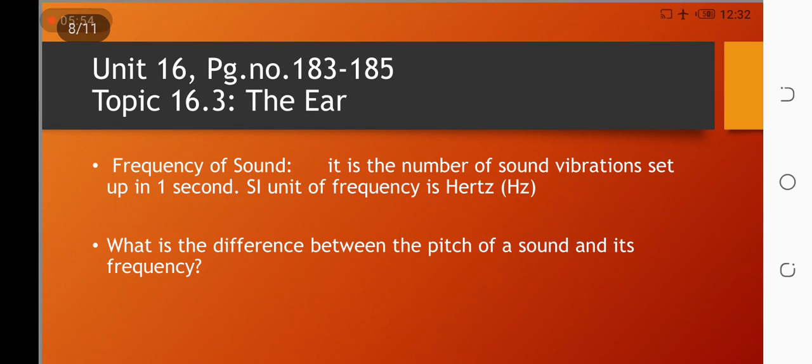We will now discuss what the frequency of sound is. Frequency of a sound can be described as the number of sound vibrations set up in 1 second. The SI unit of frequency is hertz.